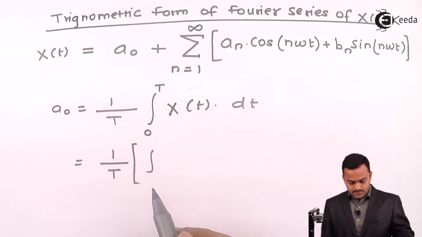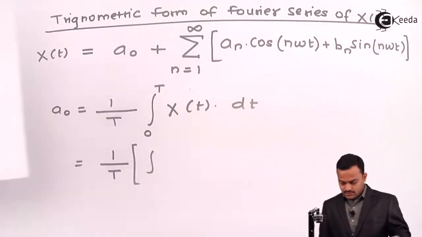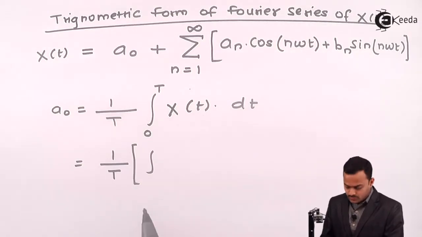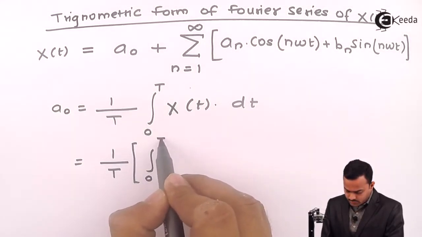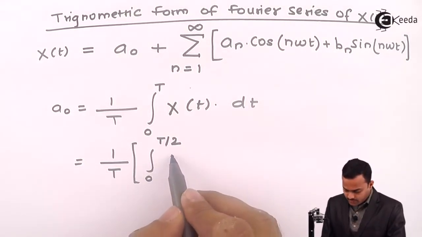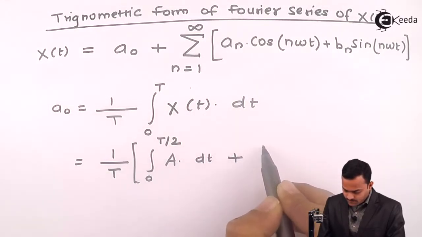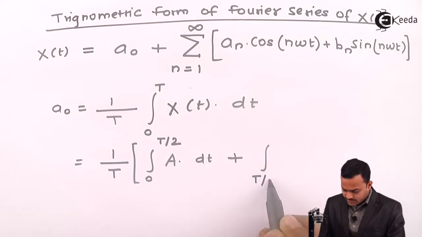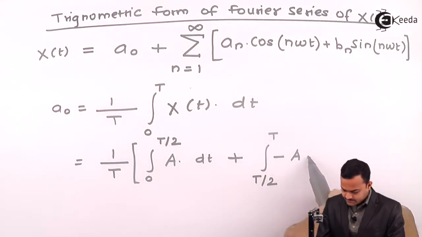Since the waveform is defined in two intervals, 0 to T by 2 and T by 2 to T, I will write this as 1 by T in brackets: 0 to T by 2 is the first interval, where the waveform has the value capital A, and for the remaining interval T by 2 to T, the waveform has the value minus A.